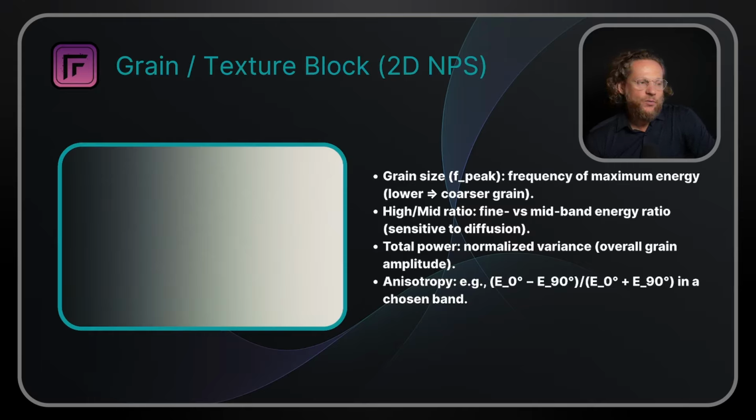Then basically we separate the sampling into bands, and then we compare the bands and we compare the ratios in those bands. That is a super important parameter because we just learned a lot about the grain.